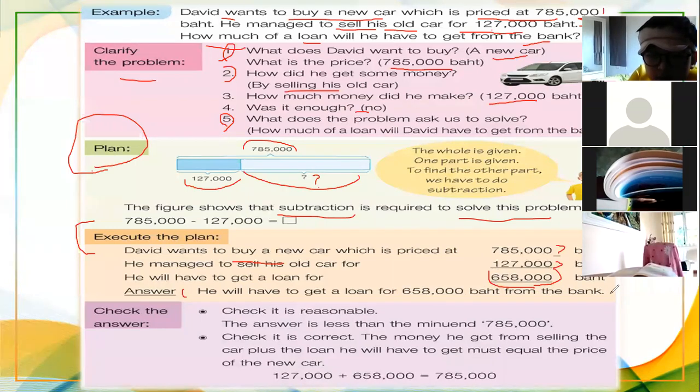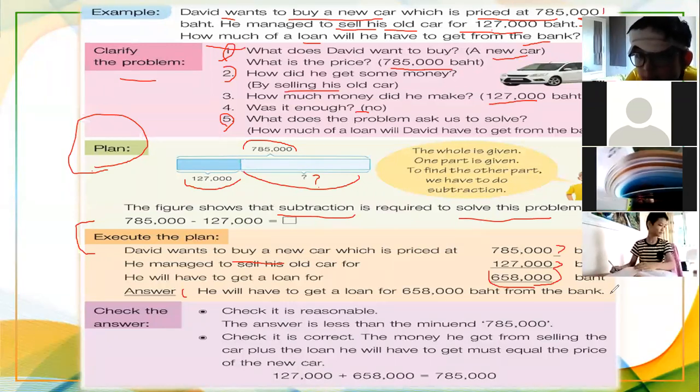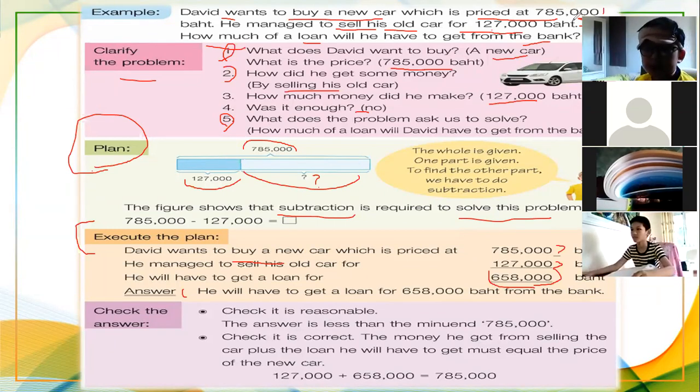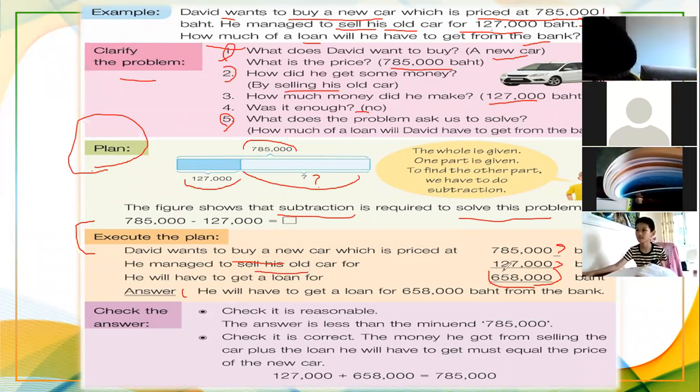Okay, do you understand that, students, how it is? Students, answer me please. Okay, very simple. In the problem, David wants to buy a car. The price is 785,000, we can see here, and he already has money by selling his old car. That is 127,000 baht.